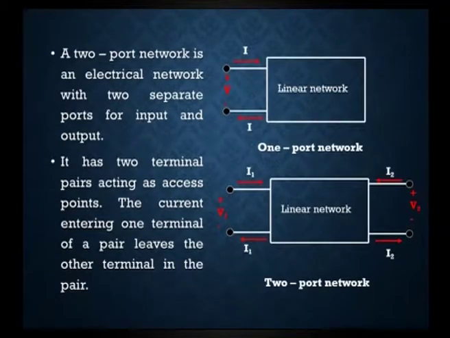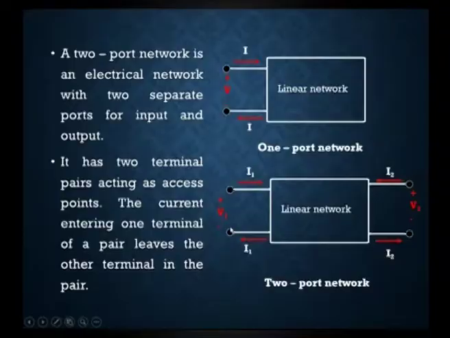Next we come to the difference between one port network and two port network. A two port network is an electrical network with two separate ports for input and output. Here we can observe with the help of this two port network diagram, it has two ports where we can see the current entering and leaving at two different terminal pairs.